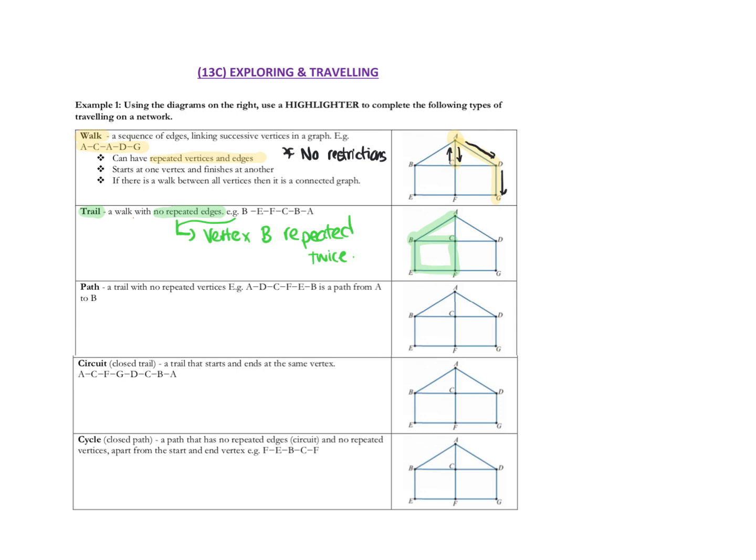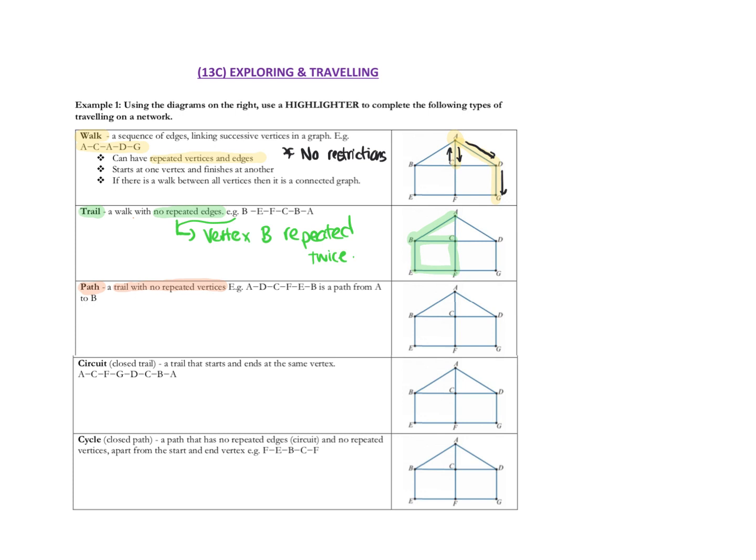So that's a trail, no repeated edges. The next one we're going to look at is a path. A path is a trail. A trail, remember, has no repeated edges, but a path also has no repeated vertices. The one above couldn't be a path, because we went to B twice. So no repeated vertices.